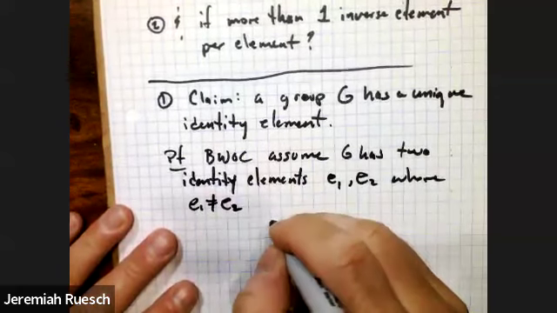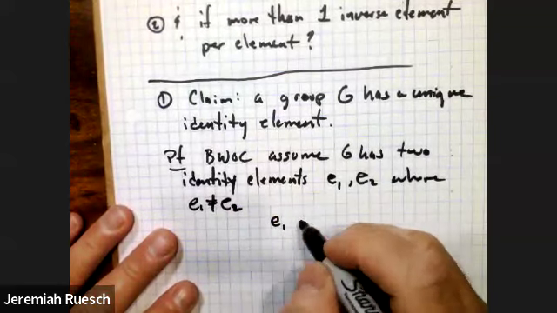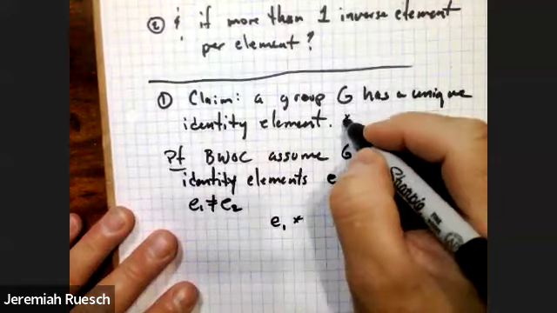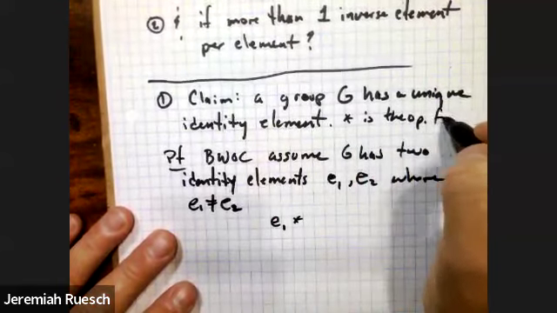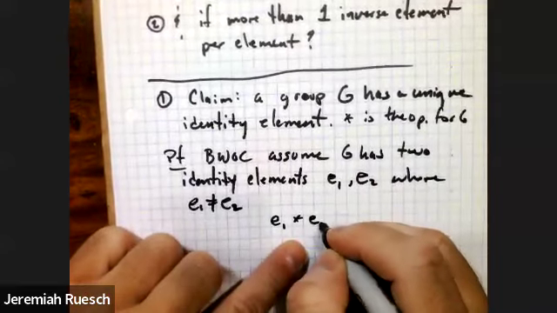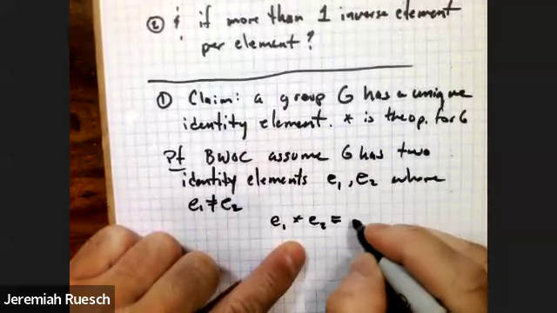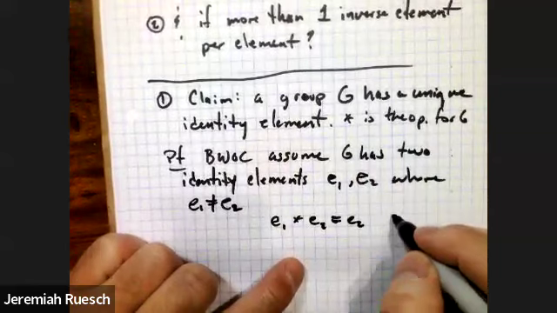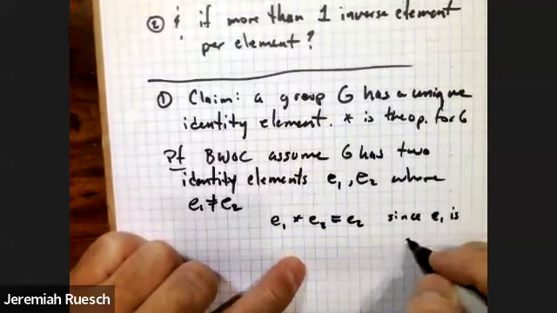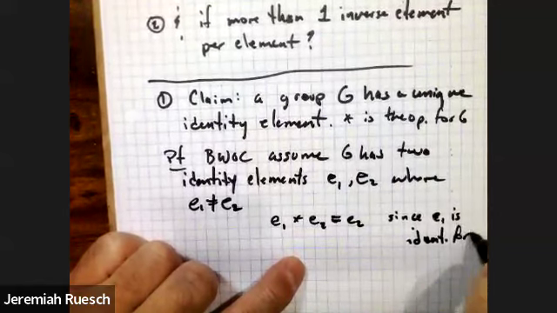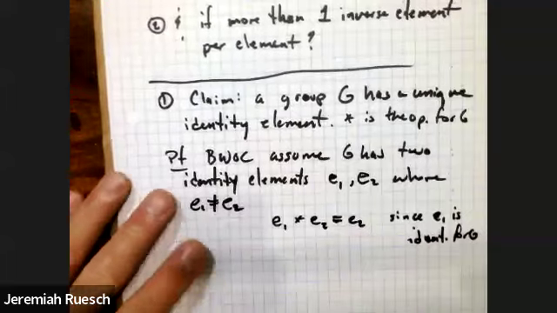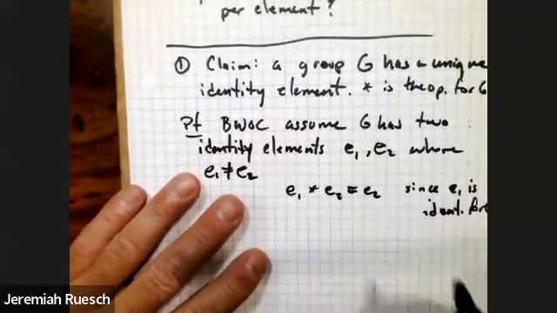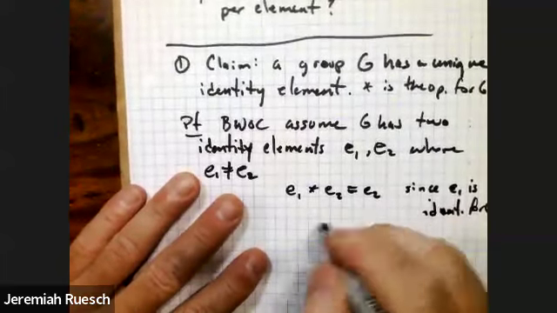So then by straight computation, if we look at e1, and I should have mentioned up here this is the operation for G, then e1 operating on e2 gives us e2, since e1 is the identity for G. And then likewise, e1 acting on e2 can also give us e1, since e2 is an identity for G.